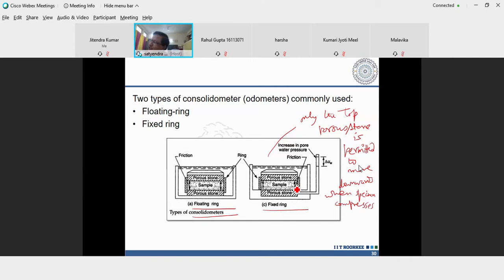So only the top porous stone in the fixed type is compressed.